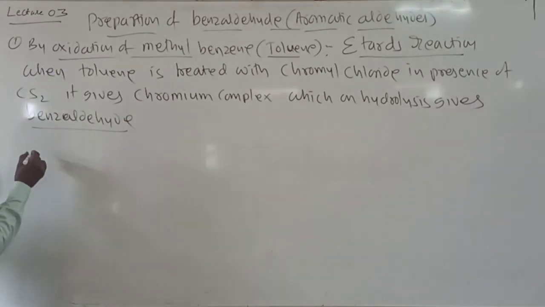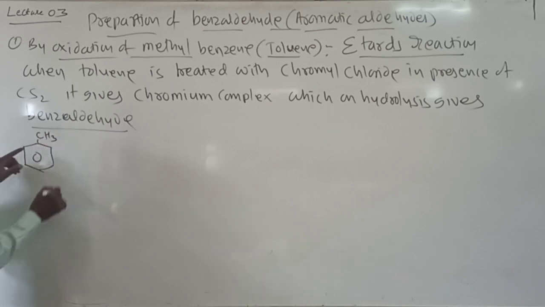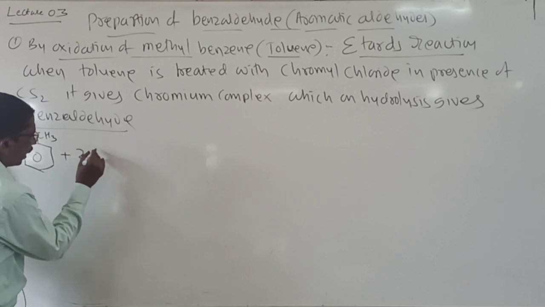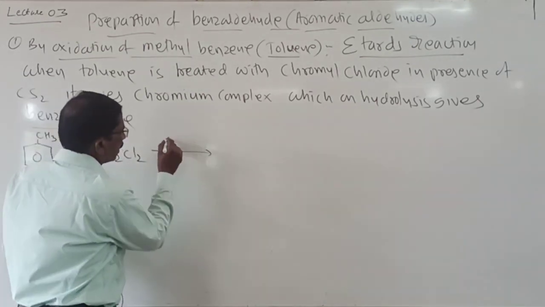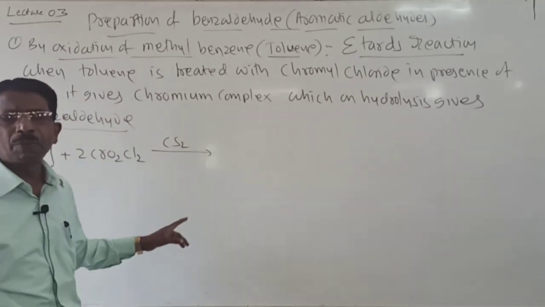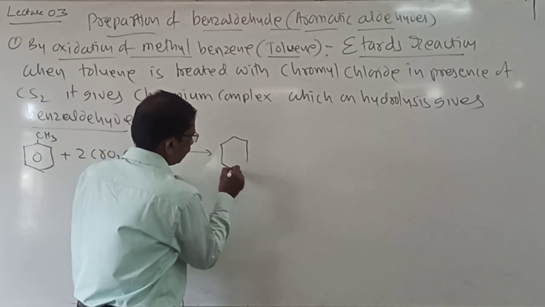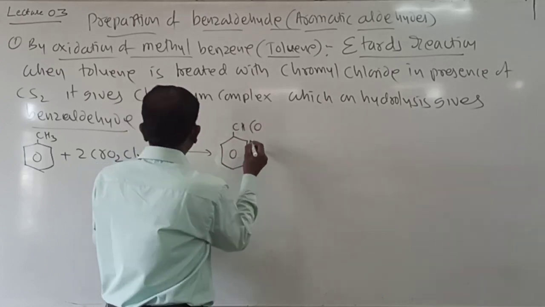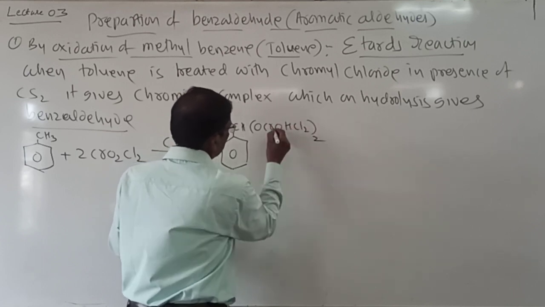So I will write the reaction here. Toluene, C6H5CH3, this methyl group undergoes oxidation. When it is treated with chromyl chloride, CrO2Cl2, in presence of carbon disulfide, it forms a chromium complex, C6H5CH(OCrOHCl2)2.